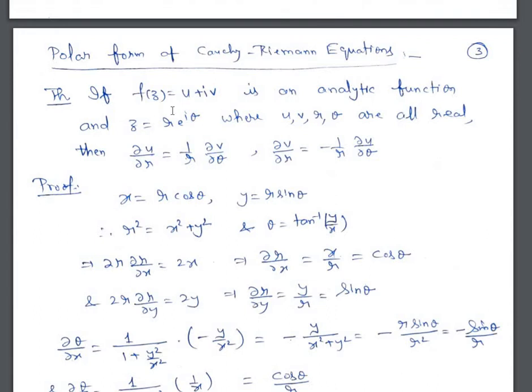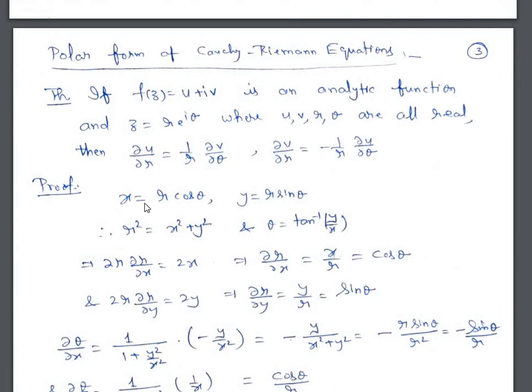If f(z) is equal to u plus iv is an analytic function and z is equal to r e to the power i theta, where u, v, r, theta are all real, then Cauchy-Riemann equations in polar form are given by ∂u/∂r is equal to 1/r ∂v/∂theta, and ∂v/∂r is equal to minus 1/r ∂u/∂theta.